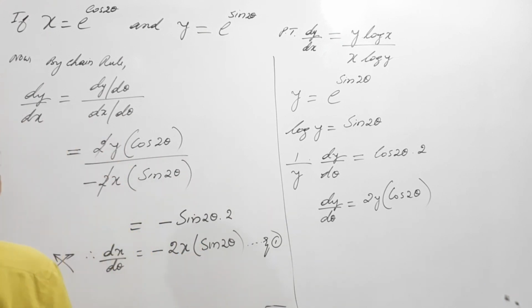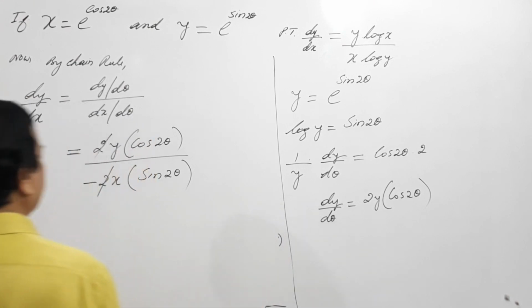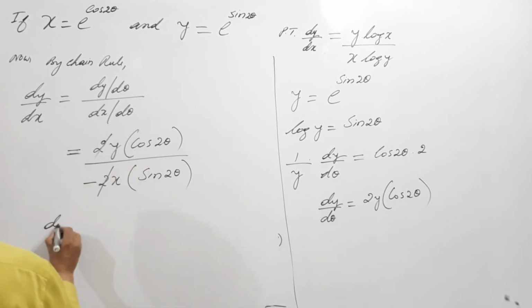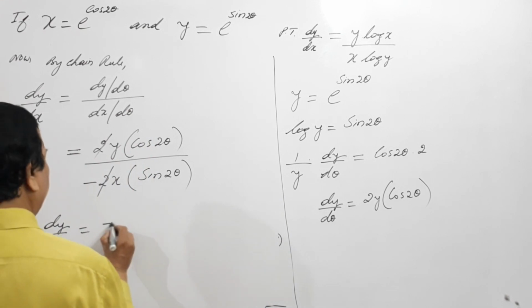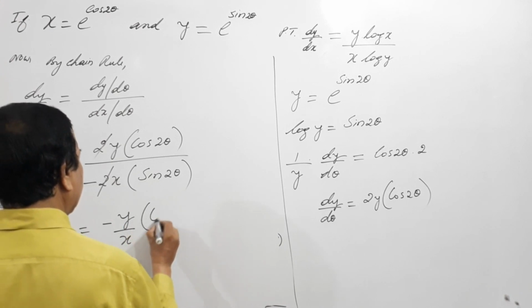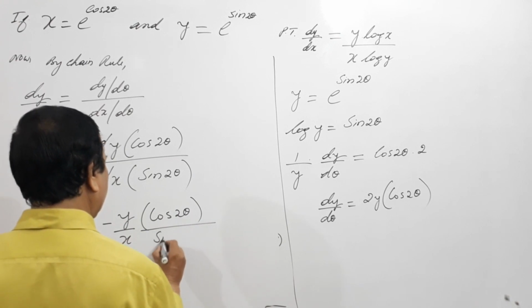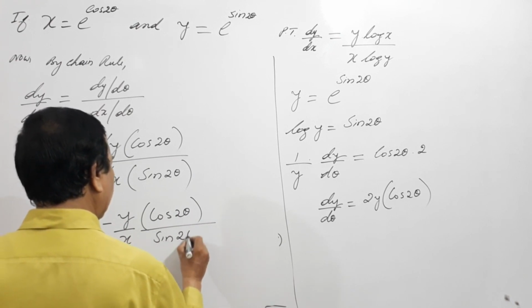This 2 cancels. So dy by dx equals minus y by x, into cos 2 theta by sin 2 theta.